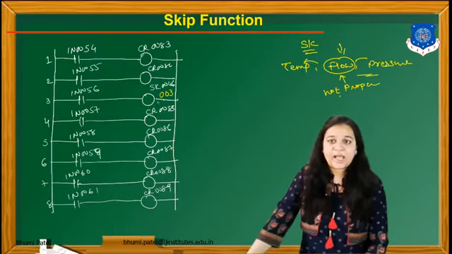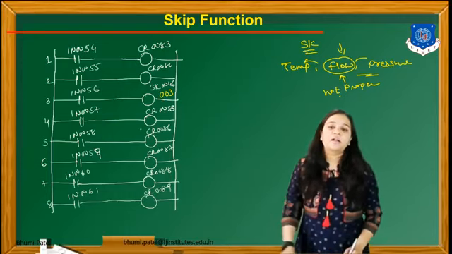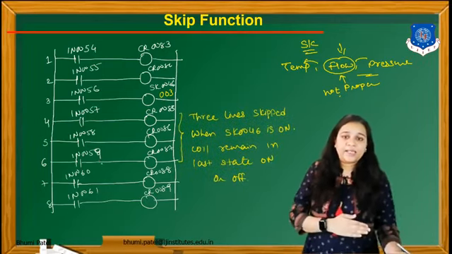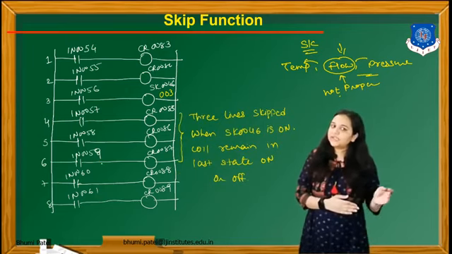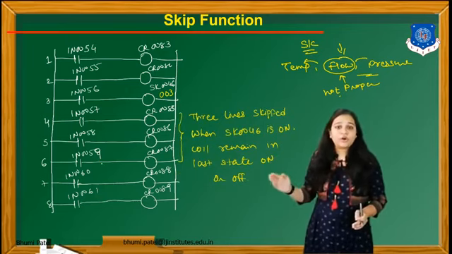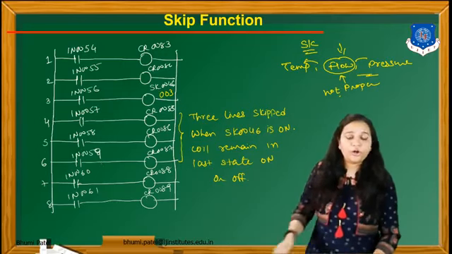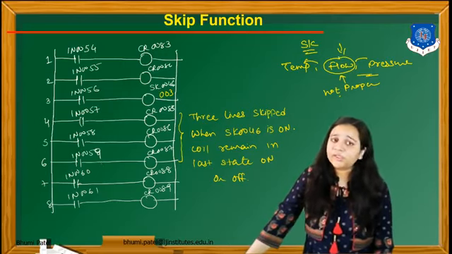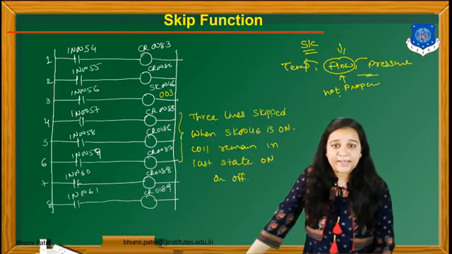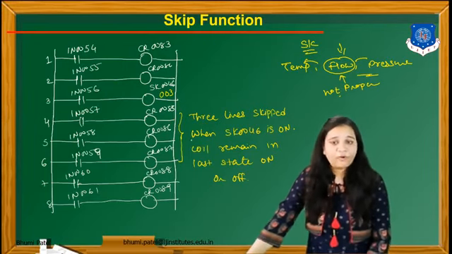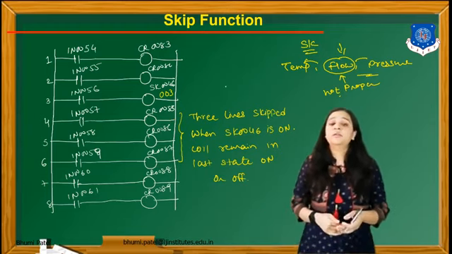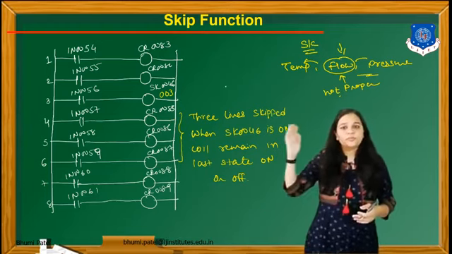That means after the third rung executes, the fourth, fifth and sixth rungs will be skipped. So three lines are skipped. When this skip 0046 is on, the coil remains in its last state, on or off. Whenever there is a problem in the flow controller, we can skip the rungs for this flow controller, repair it during this time, and again execute the same program.